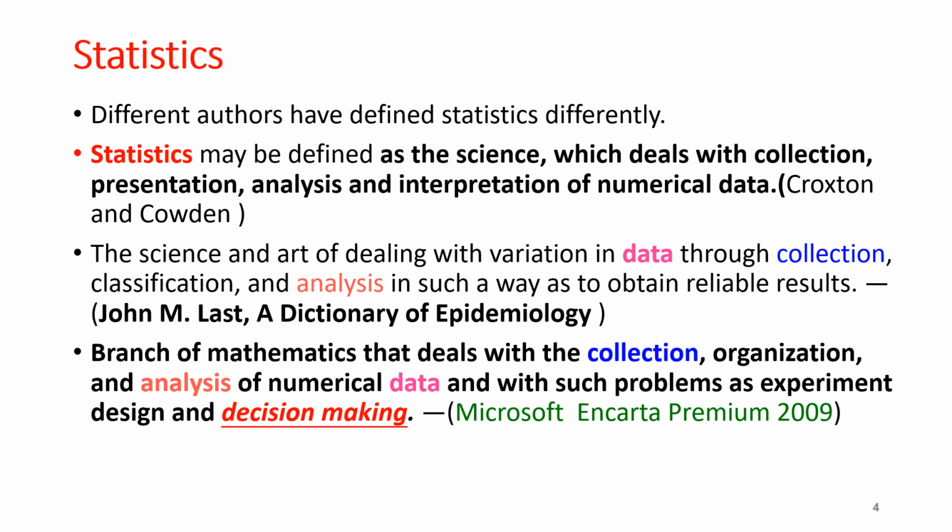Some also put it up as a branch of mathematics that deals with the collection, organization and analysis of numerical data and with such problems as experiment designs and decision making. But I guess the last definition, that is by John M. Last, is more appropriate concerning statistics.